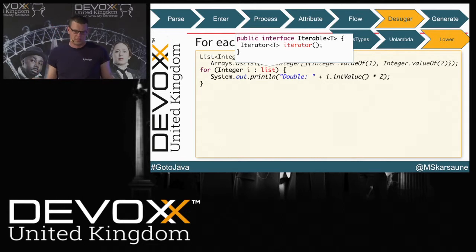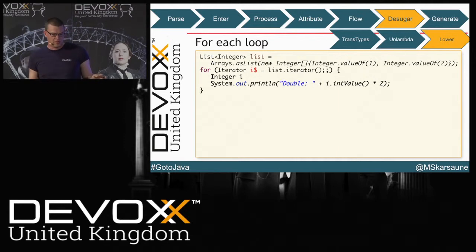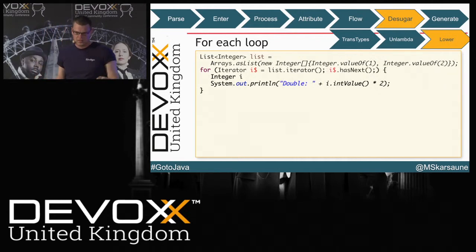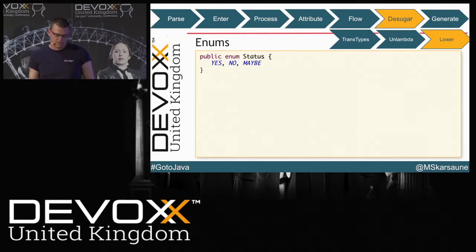And the requirement for an Iterable is that it should provide an iterator. So here the compiler will move the iteration variable inside the loop. We'll then make a synthetic variable for the iterator, make a condition check on availability of the next item, and then assign that into here. So all of this is work that the compiler does for you.